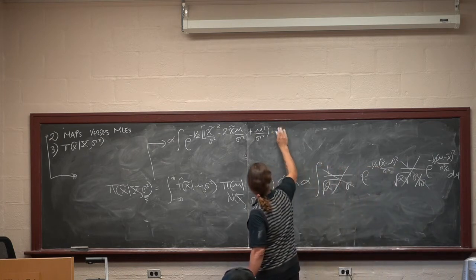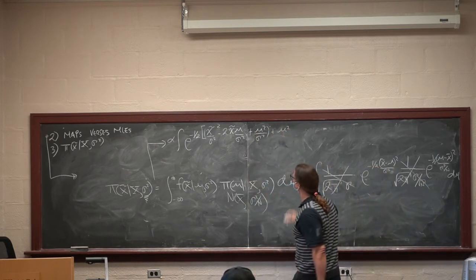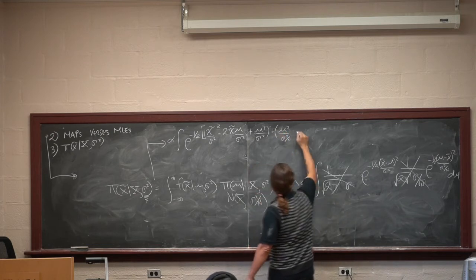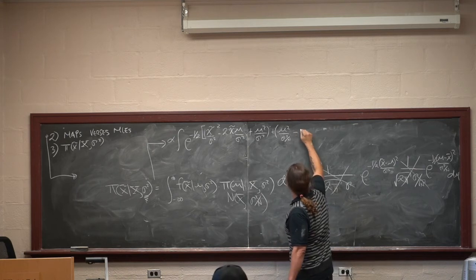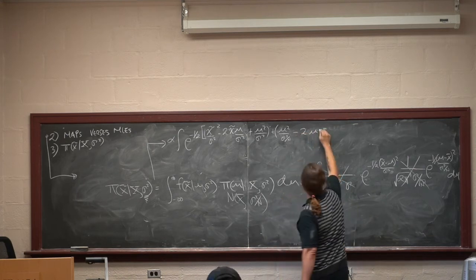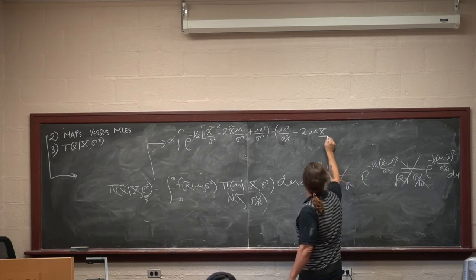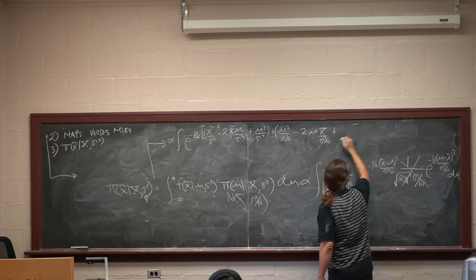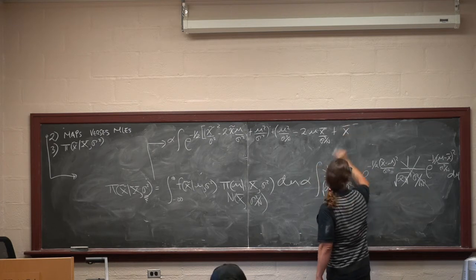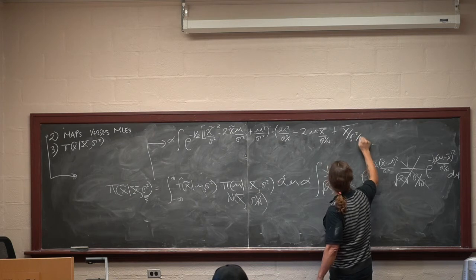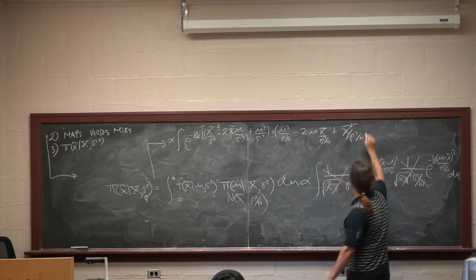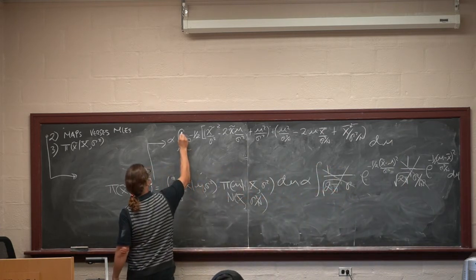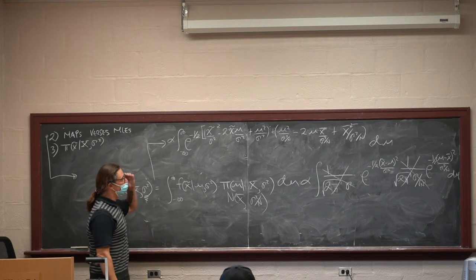This is going to be plus mu squared over sigma squared over n, minus 2 mu x bar over sigma squared over n, plus x bar squared over sigma squared over n, d mu. Again, integrating over the whole space.